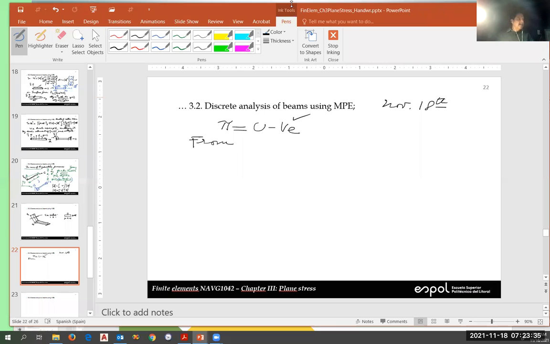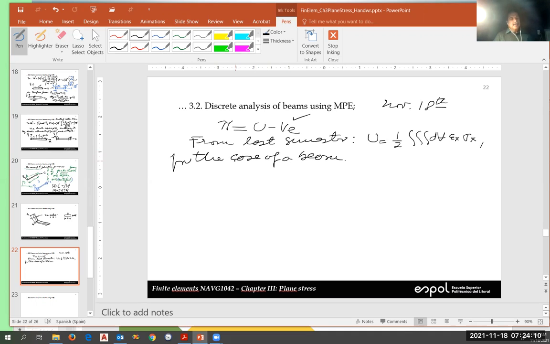This is from last semester, from the class of structures. We know that U is equal to 1/2, and then we integrate in the whole volume the product of epsilon x times sigma x for the case of the beam.